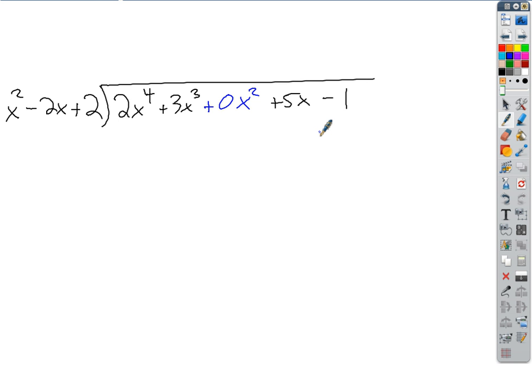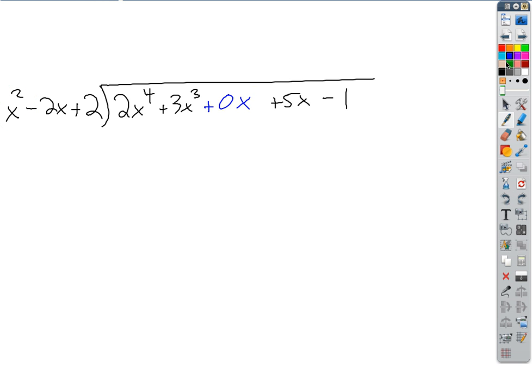Okay, now the game we play when we're doing long division like this is we ask ourselves, how many times does the leading term of the denominator divide into the leading term of the numerator? There's two ways you can think about that. We could just divide those out, like so.